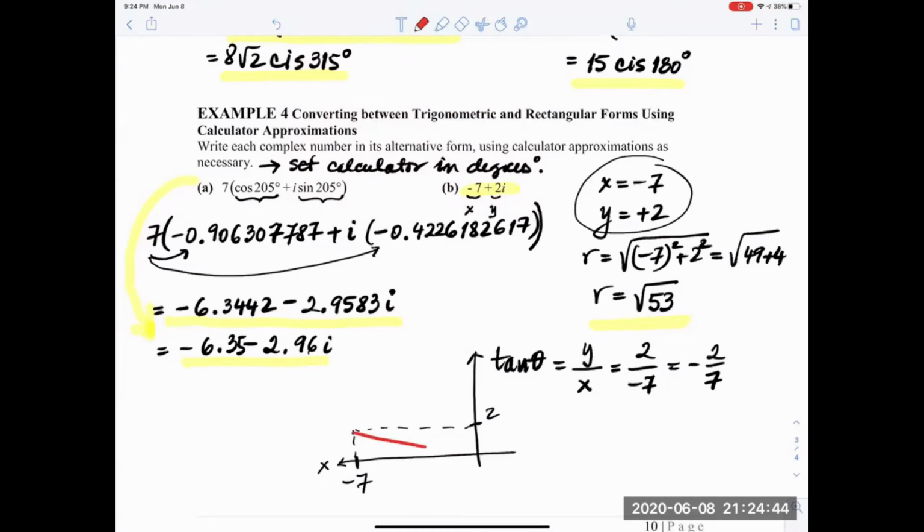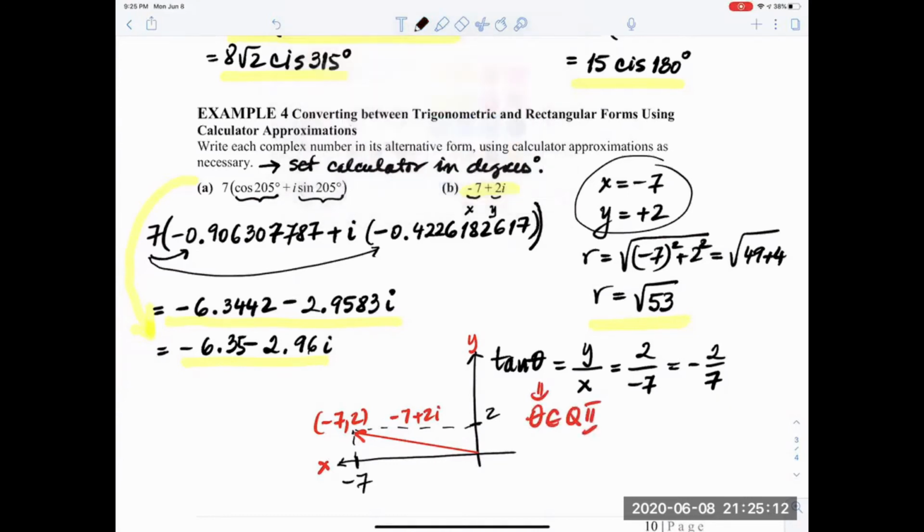This pretty much tells me that my angle is in quadrant 2. So this vector I represented has the coordinates of -7 and 2 in a complex plane. So that was x and that was y, and this is -7 plus 2i. So what am I looking at here? I find out that theta belongs to Q2.